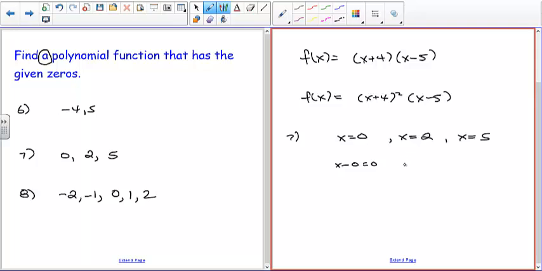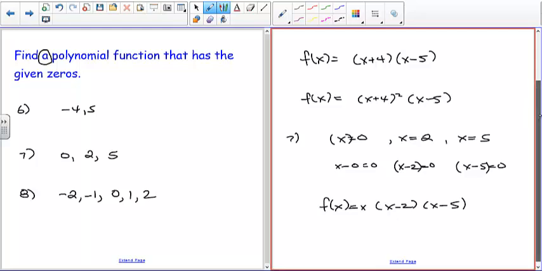Here you would subtract 2 from both sides to get that. Here you'd subtract 5 from both sides. So these are going to be my factors. x, x minus 2, x minus 5. So a polynomial function would be x times x minus 2 times x minus 5.